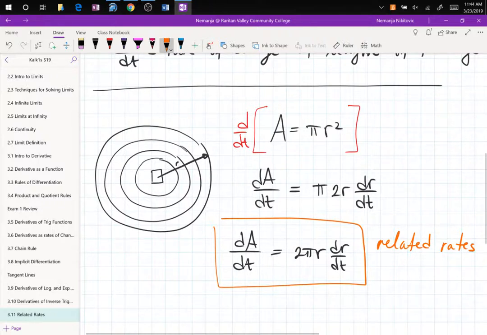Now clearly, the more you spill, the faster it changes. The less you spill, the less it changes, and so on. So say that for this particular problem, the rate of change of radius is 30 meters per hour.